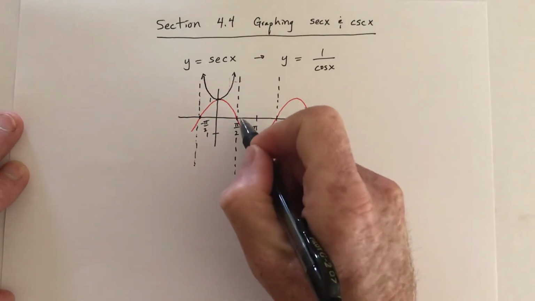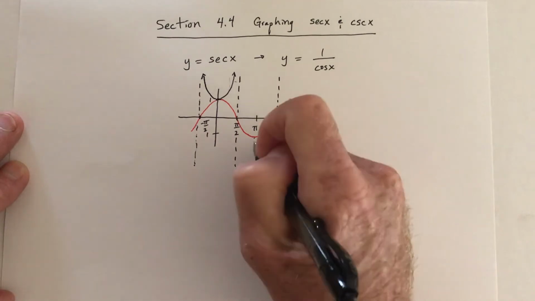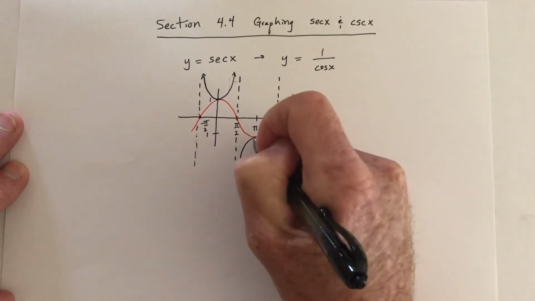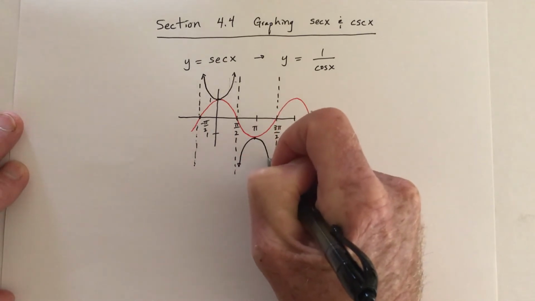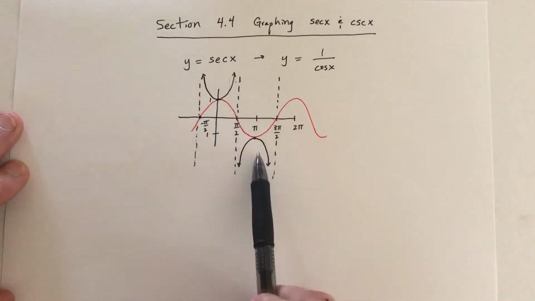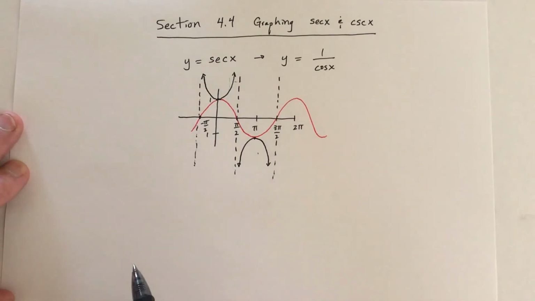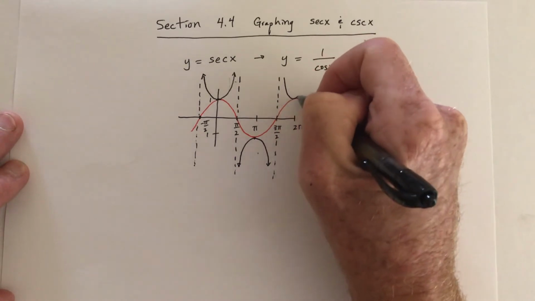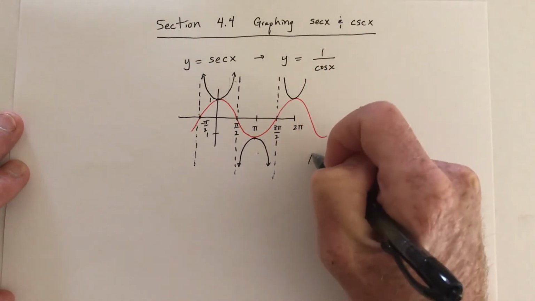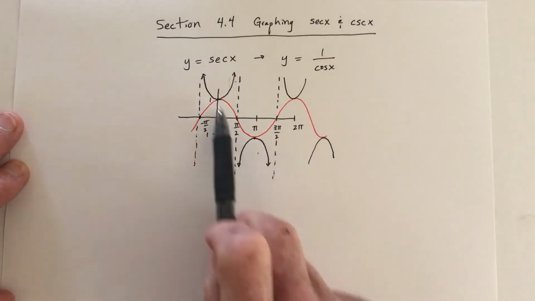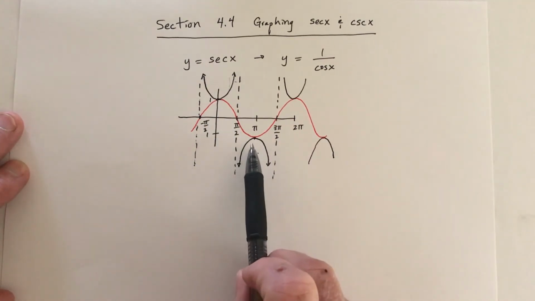And then take this U shape and invert it, and it would then open down. So once you draw the two branches of secant, that would be the whole graph. It would then repeat. There would be another one up here, and there would be another one down here. But as far as the basic graph, this would be it, these two branches together.